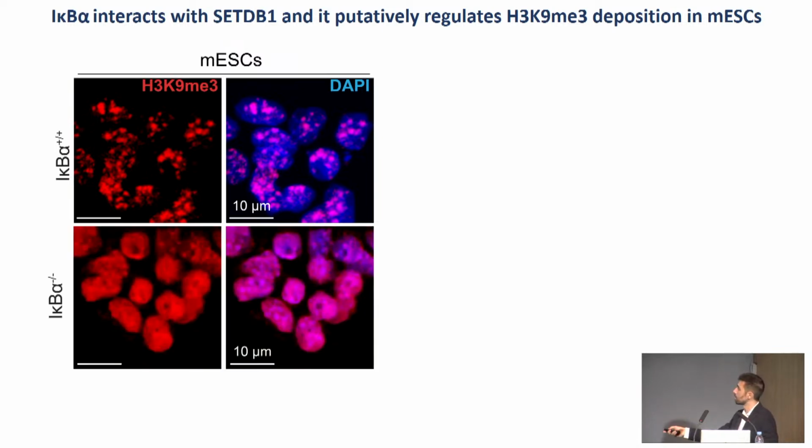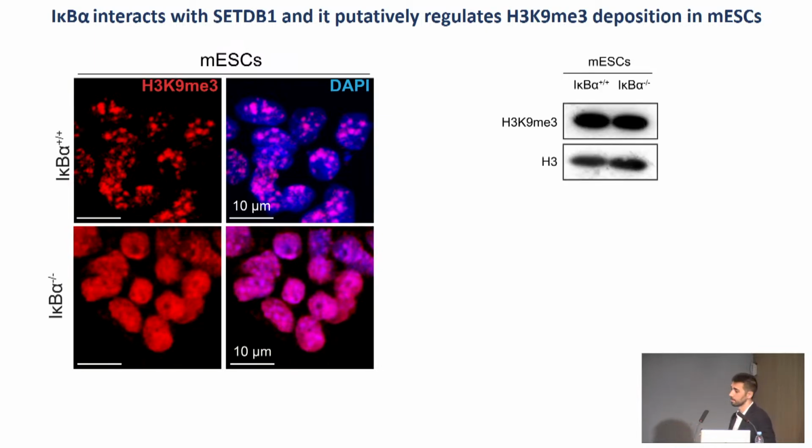However, upon IKBKB alpha depletion, the distribution of the mark is totally different. But very interestingly, this change in the distribution of lysine 9 methylation was not related to a global change of lysine 9 methylation, since between wild type and knockout cells we didn't see any change in the global levels of lysine 9 methylation.